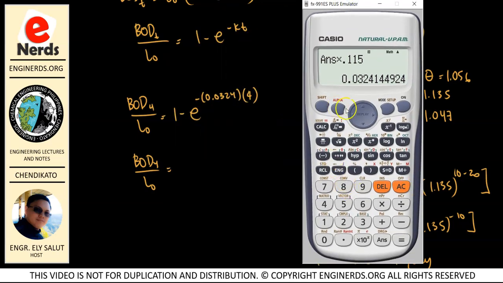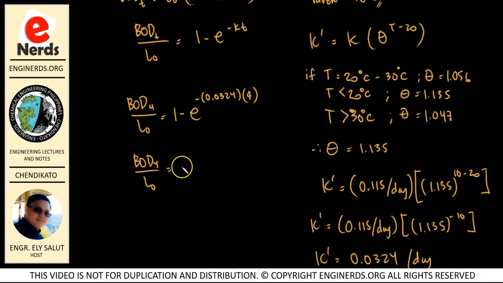Okay. So, we already have this. 0.0324. Multiply natin siya sa negative 4. Okay. Then, we'll take that as an exponent of our E. So, we have 0.8784. Then, we will have 1 minus our previous answer. So, we have 0.1216. Okay, so this is our final answer for this problem.